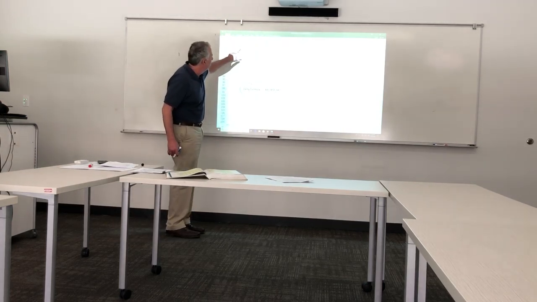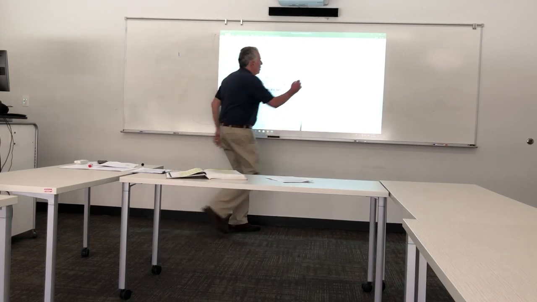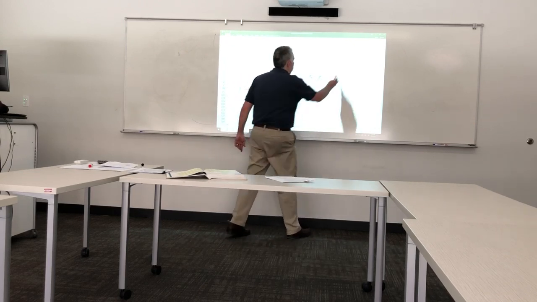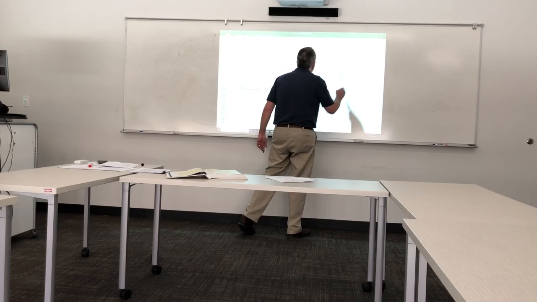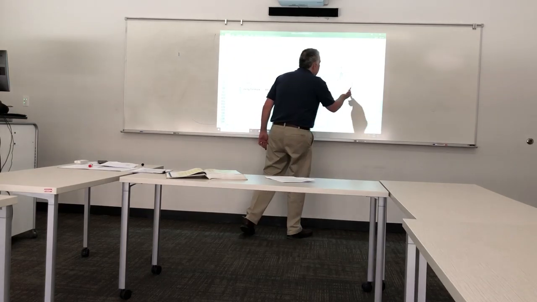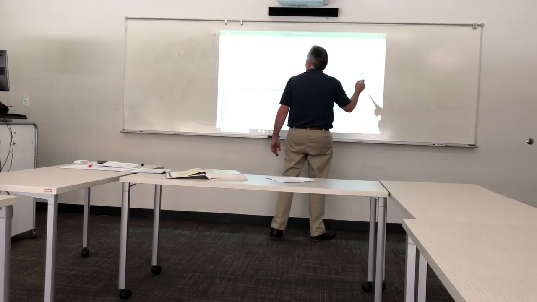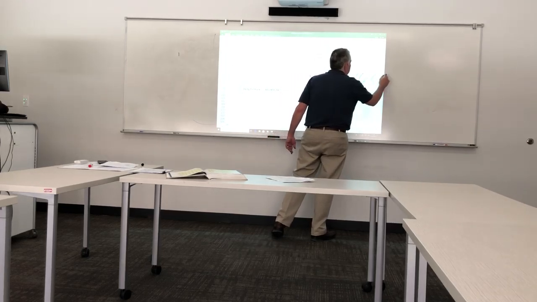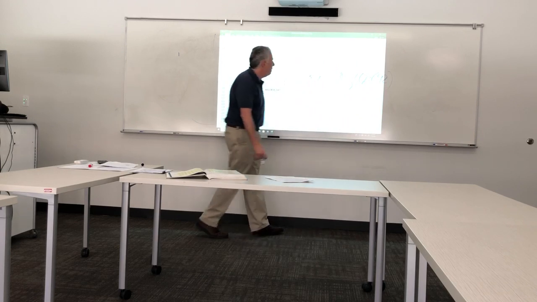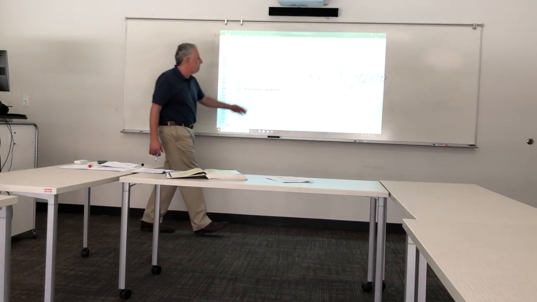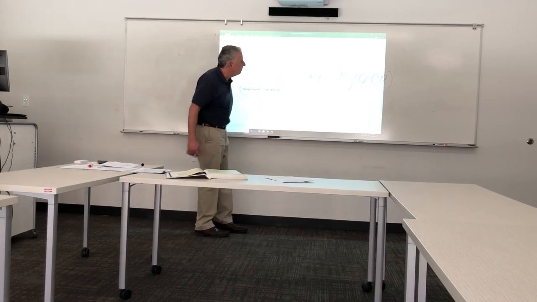Equals NPV, parentheses, put the weighted average cost of capital, 0.14, comma, C68 dot dot C92. Or you could again just drag on them all. Boom, it'll give you the answer.